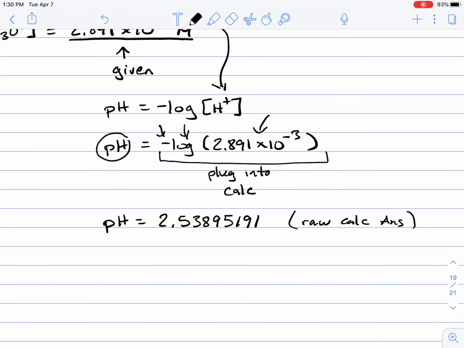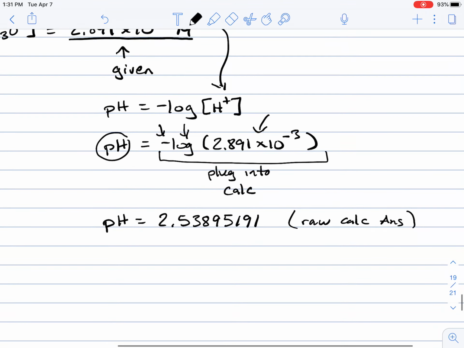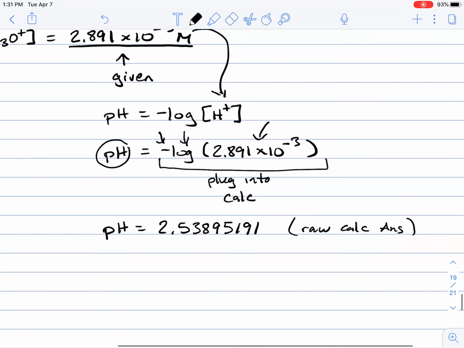And so I want to report the correct number of significant figures or significant digits. This is something that's very intrinsic to log functions. Notice that, I'll go ahead and highlight it, these four digits are all significant digits.